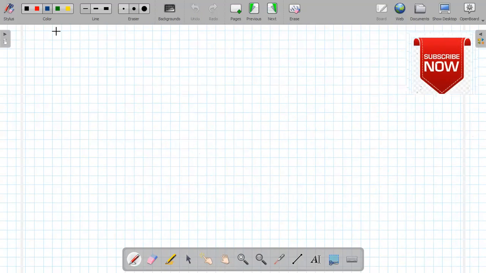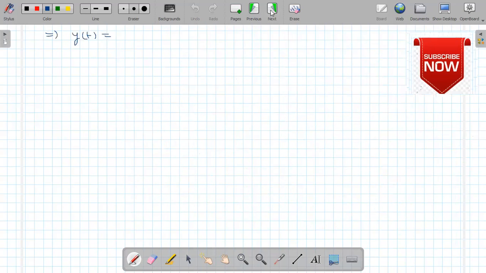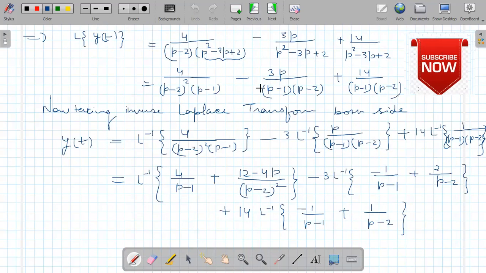So y(t) is 4 into L inverse of 1 upon p minus 1, minus, this 12 will combine with this and 4p will combine with this. We can separate these two.